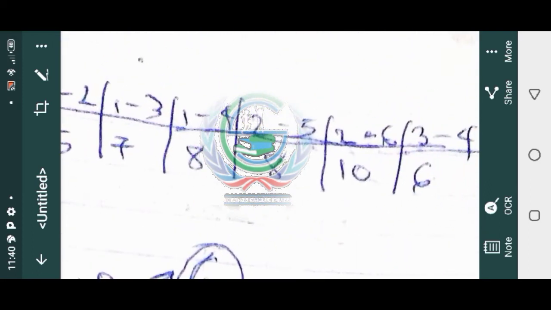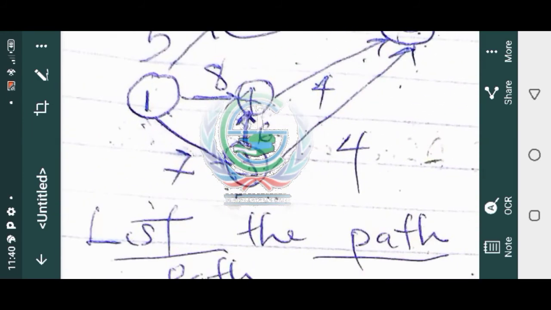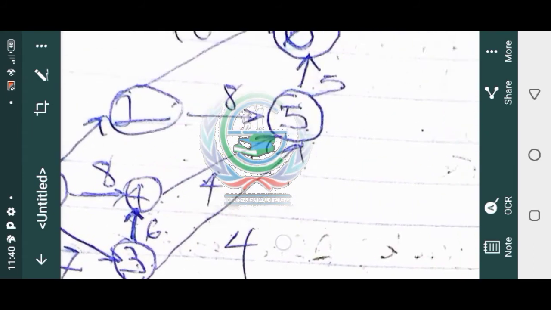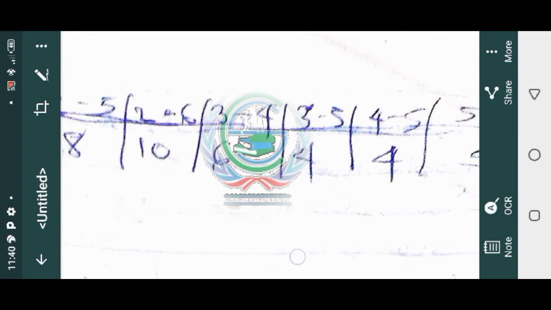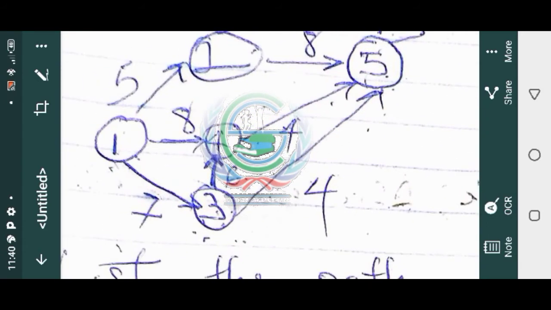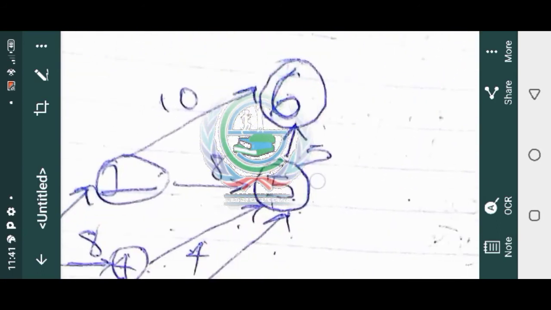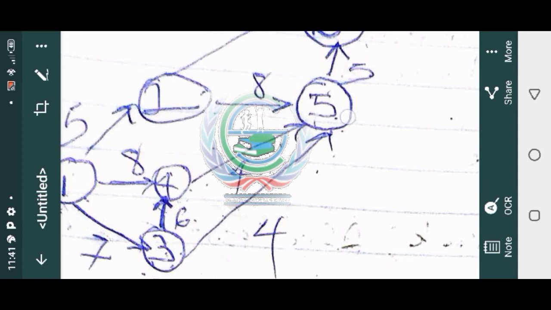Then they told us 3 to 4. Where's our 3? This is our 3 here. Now, 3 to 4. Do you see that now? Then we have 3 to 5.